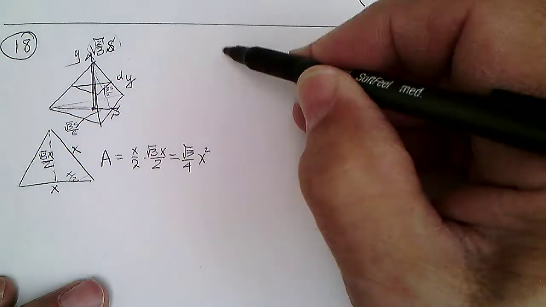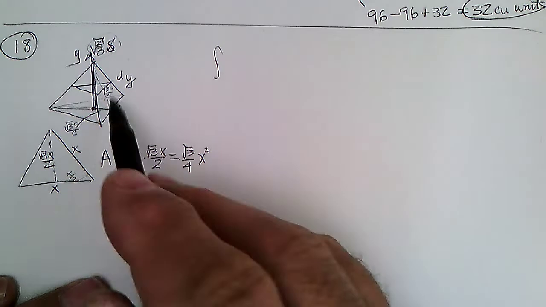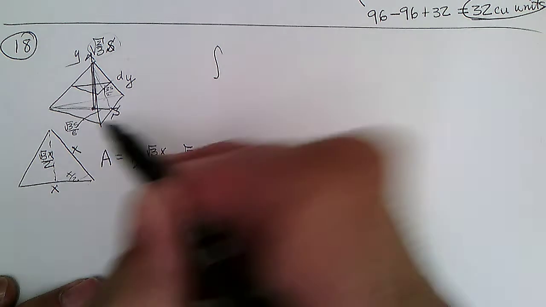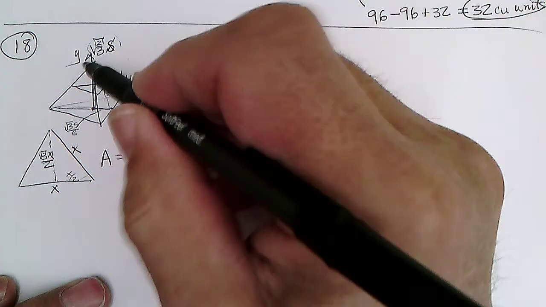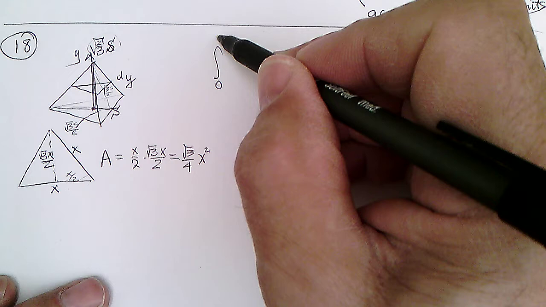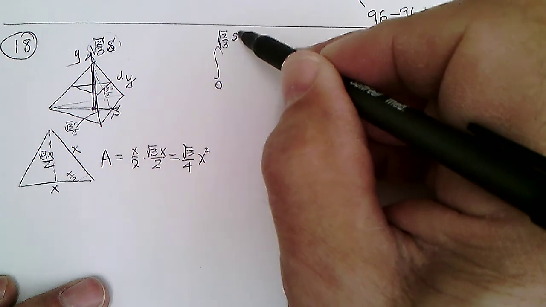So I want to integrate the area of this triangle starting when y is 0 until we get to the top, which is the square root of 2/3 times the length of the side.